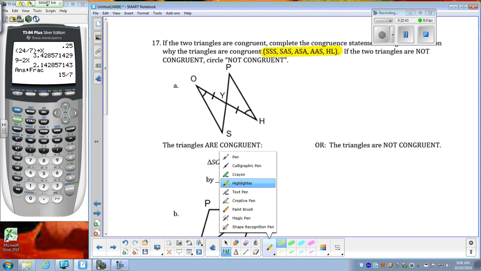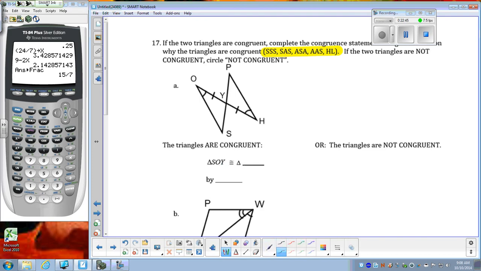All right, so let's look at what I have. In triangle SOY, I know I have a congruent angle. I know angle O is congruent to angle H. I know OY is congruent to HY.